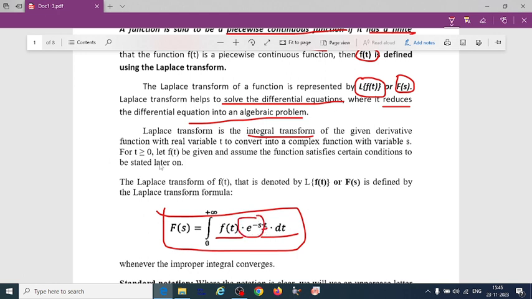Okay, where t is greater than or equal to 0, and f of t is given and we assume the function satisfies certain conditions to be stated. If we solve some problems, we can understand f of t is going to be given in the problem. You have to find the Laplace transformation.